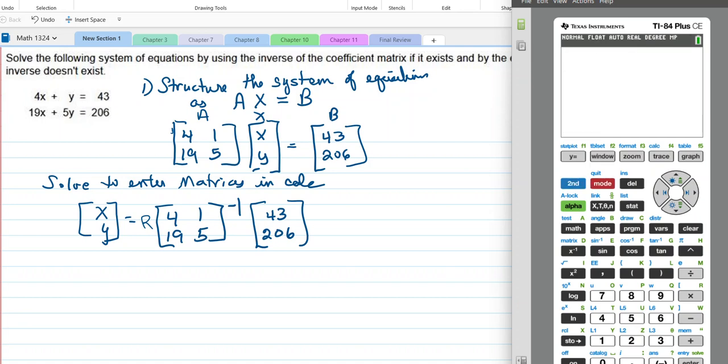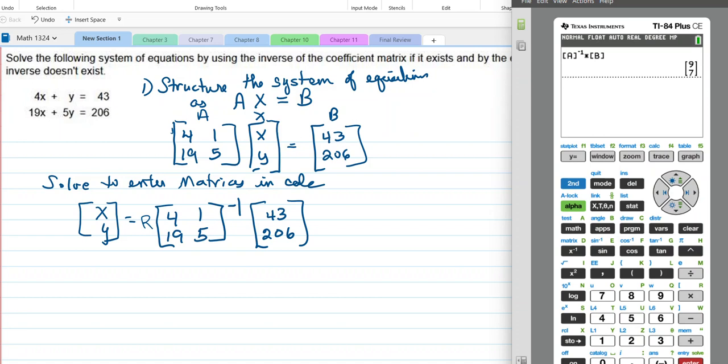So we're going to enter the naming. Second matrix, A. We're going to stick an inverse on it, times second matrix, B. All right. So we did this, and we're going to get our solution. Here we go. Ready? Enter. 9 and 5. All right. So what does that mean?